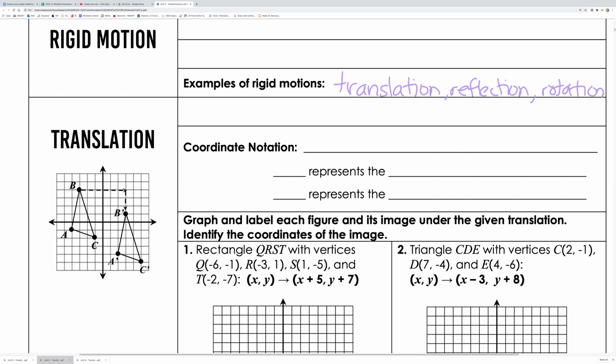All right, so the coordinate notation for translation is going to be x, y, arrow, x plus or minus h, and y plus or minus k. h represents the horizontal shift, and k represents the vertical shift.